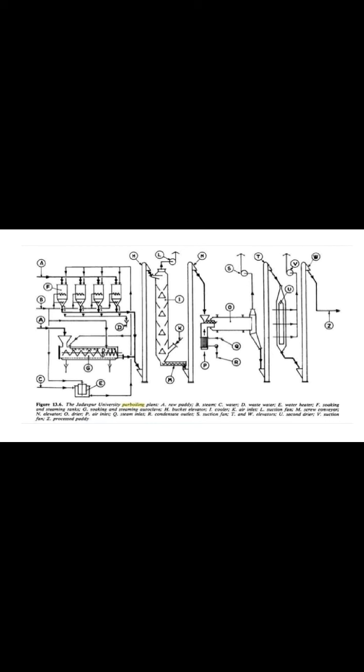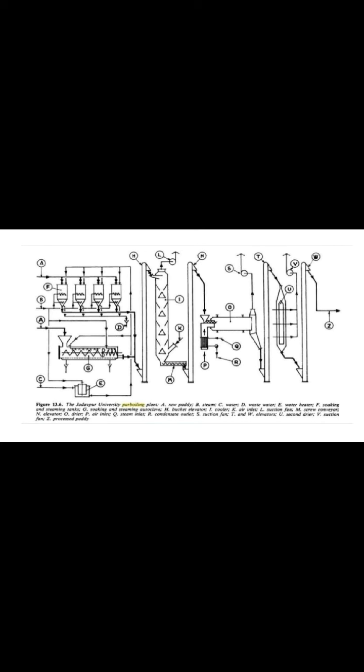A stands for raw paddy, B stands for steam, C stands for water, D stands for wastewater, E stands for water heater, F stands for soaking and steaming tanks, G stands for soaking and steaming autoclave, H stands for bucket diluter, I stands for cooler, K stands for inlet, S stands for suction fan, M stands for screw conveyor, N stands for elevator.